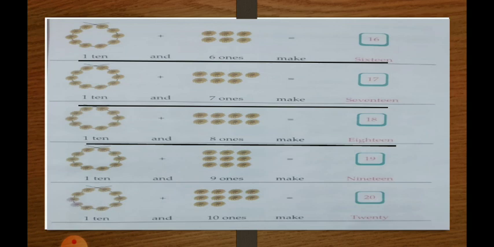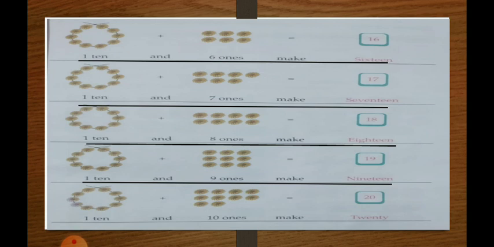We are going to say it as 9 ones. 1 ten and 9 ones make number 19. The number name for 19 is NINETEEN, 19.